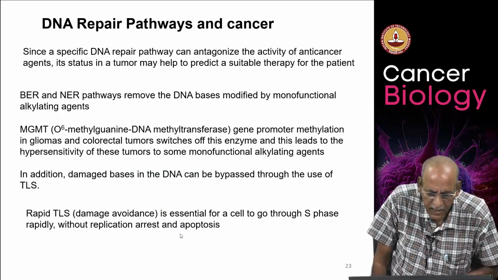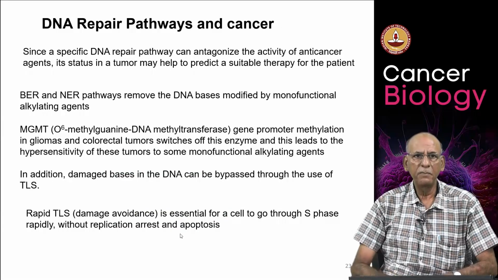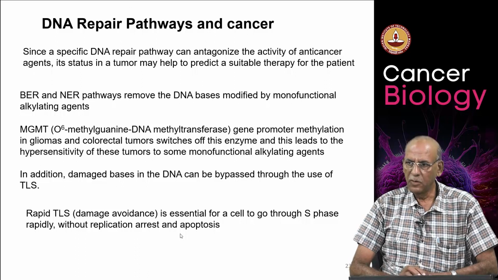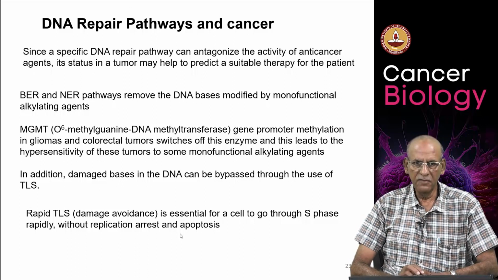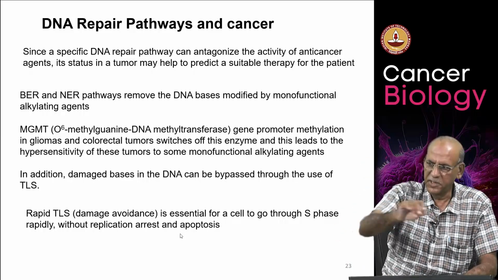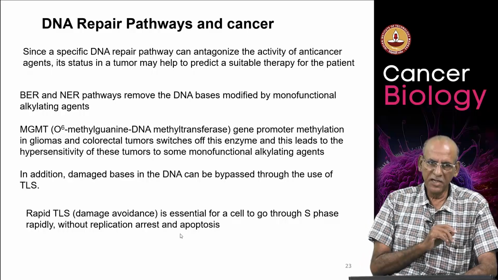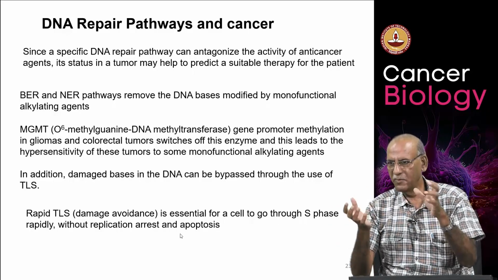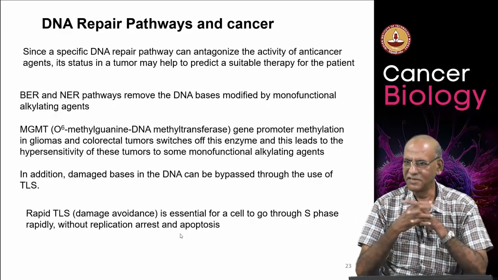Now, basically DNA repair pathways will antagonize the activity of the anti-cancer agents, because you can understand if you think about it in a simple way. Anti-cancer agent, its job is to do DNA damage. DNA repair mechanisms are to rectify that. It is a war between them. Whoever wins, he wins, that is it.